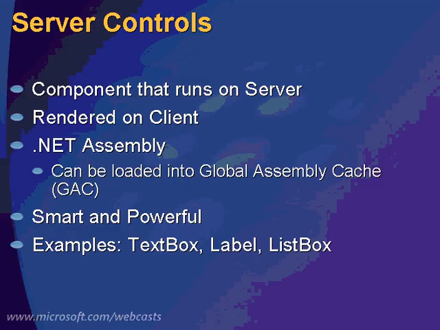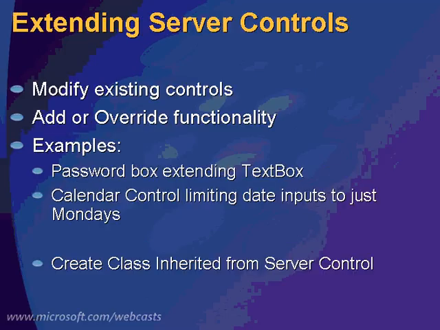For example, you can take a text box and add functionality to it to make it a more powerful text box, like a password box. Or a calendar control that you can tell to limit the date range that you can pick. Those are examples of extending the existing controls, and it's really, really easy to extend existing controls. You simply create a class and inherit from the type that you want to.